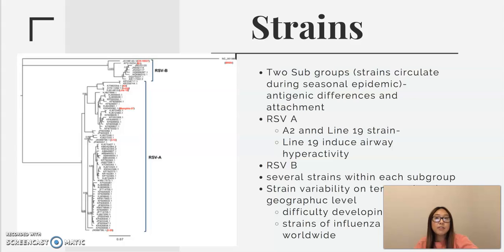However, specifically for the influenza, there are 3 or more strains that circulate worldwide, whereas in the strains of RSV, there's the RSV-A and RSV-B that vary in antigenic differences each season, which contributes to both of them ultimately having difficulty matching the strain for a vaccine. But in the case of RSV, it's difficult because of the variations of all the strains.